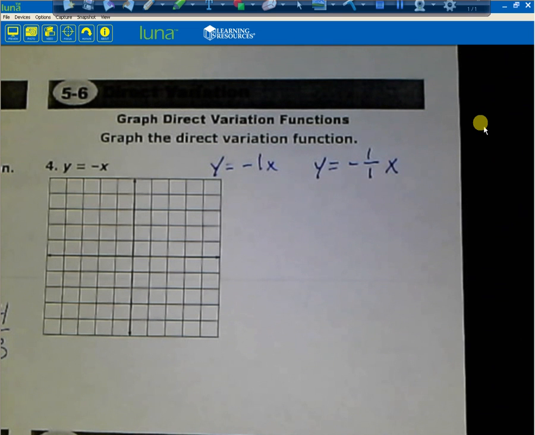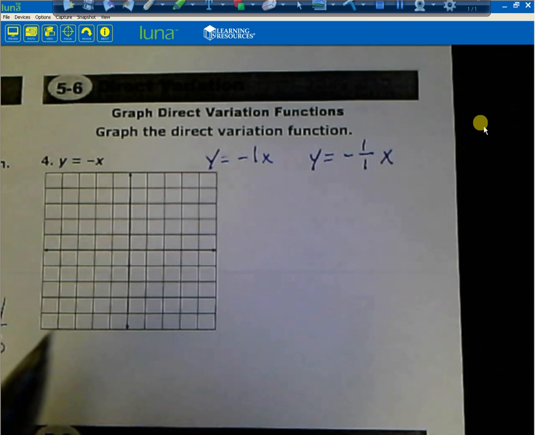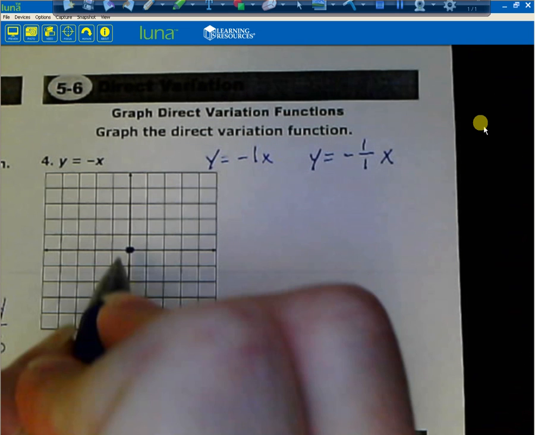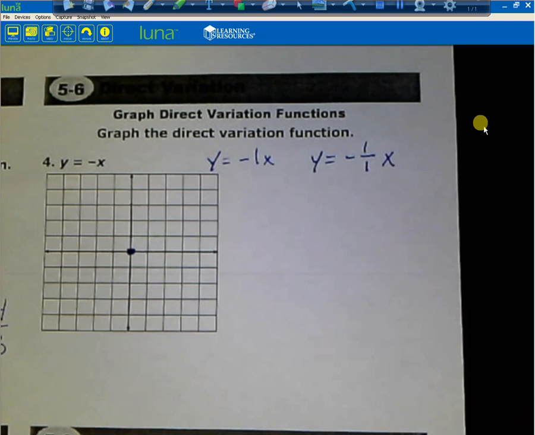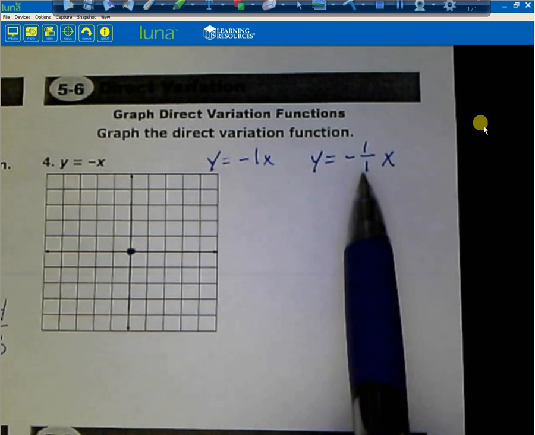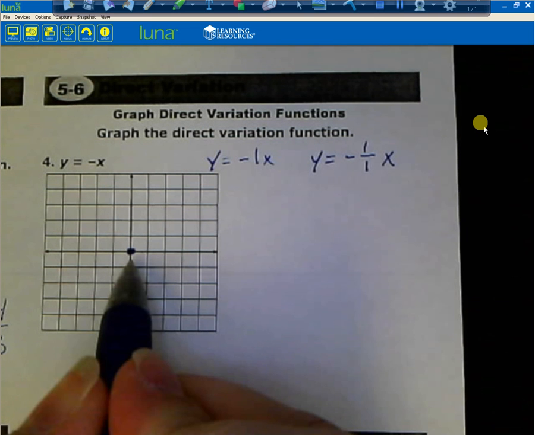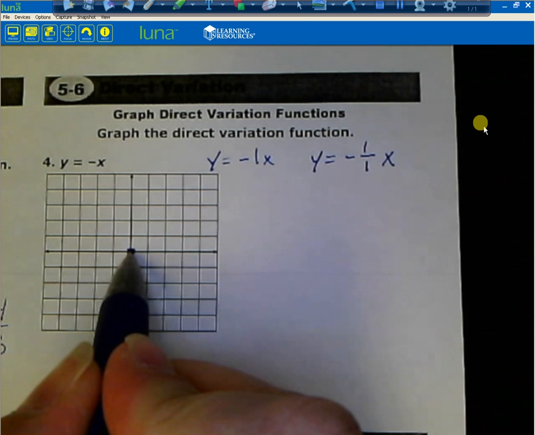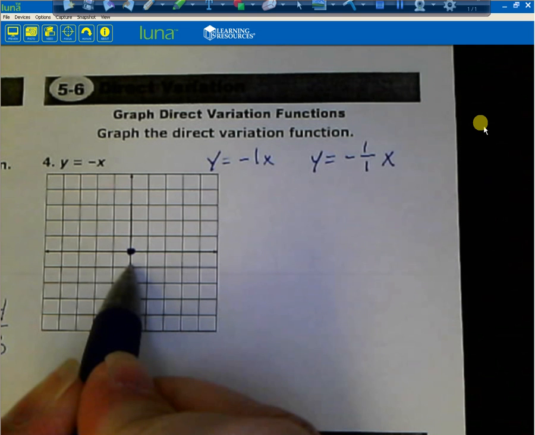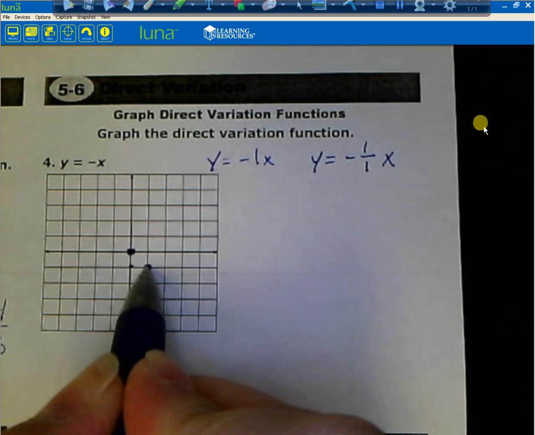Now, I am going to start at the origin, and I'm going to go ahead and make a point here at the 0, 0. So do that now on your graph. Start at the 0, 0. We always start there. And I'm going to move my slope, my k, which is negative 1 over 1, or 1 over negative 1. So the first time I'm going to come down 1, which is my rise or fall, and then run 1, which is going to put my point here.